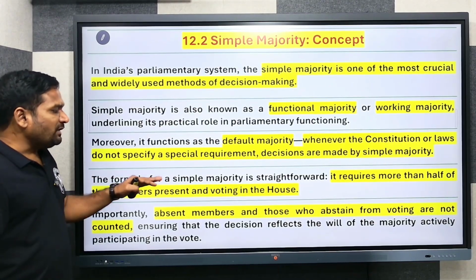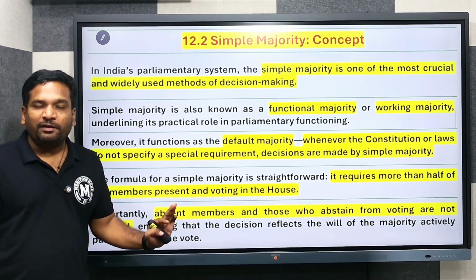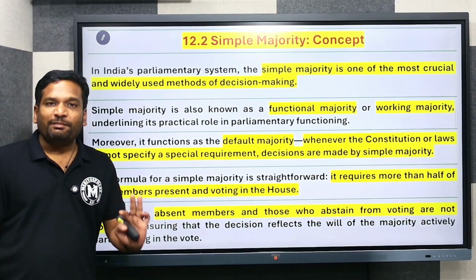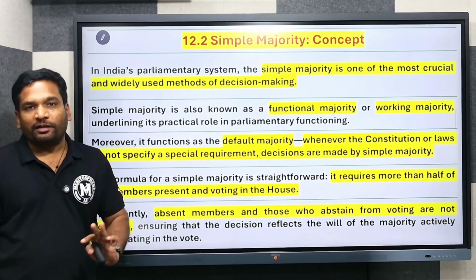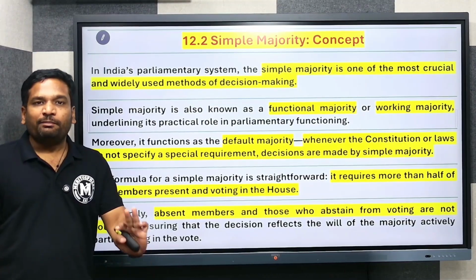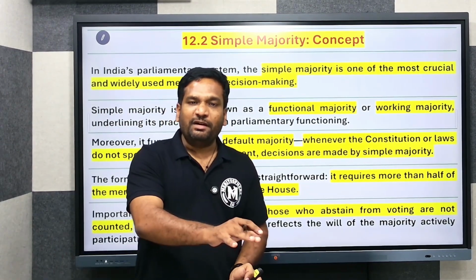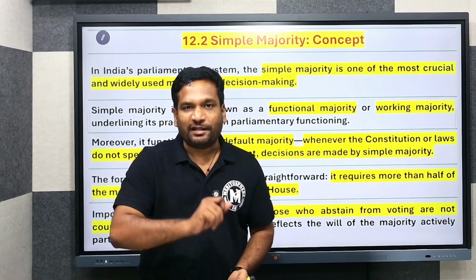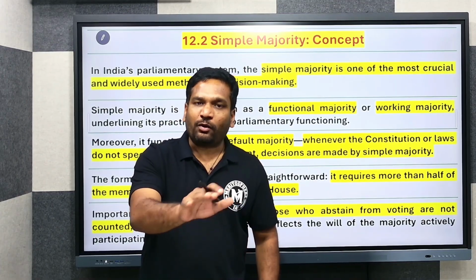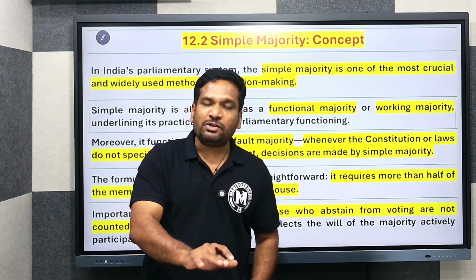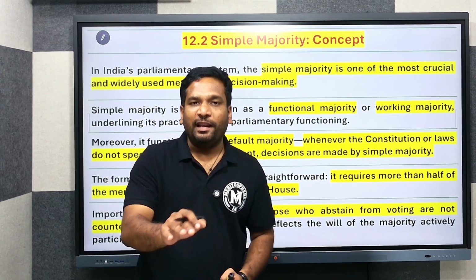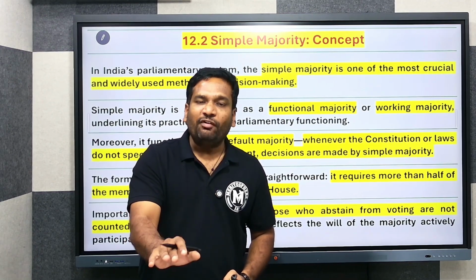Right. The formula for simple majority is very straightforward. It is the majority of the members present and voting. Members present means we have to deduct the absentees. Voting means we have to deduct the members who are abstaining, declining from voting.